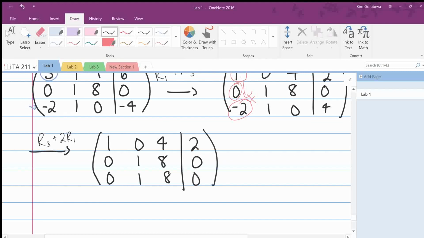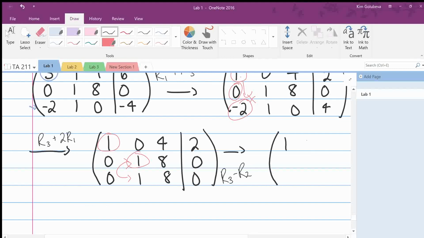Okay, so now we notice that we do have 2 leading ones going diagonally, but we also notice that these 2 rows are exactly the same. So what we're going to do is cancel the last row. So we're going to go row 3 minus row 2. Okay.